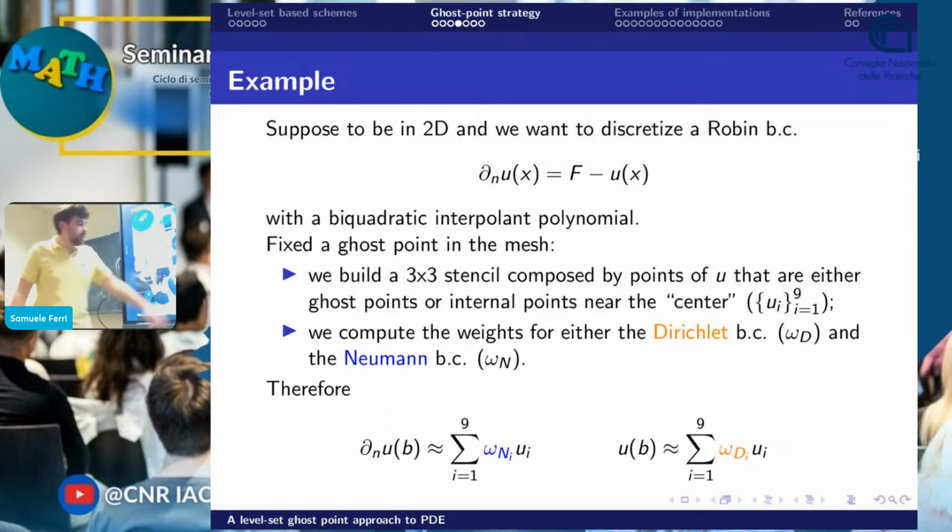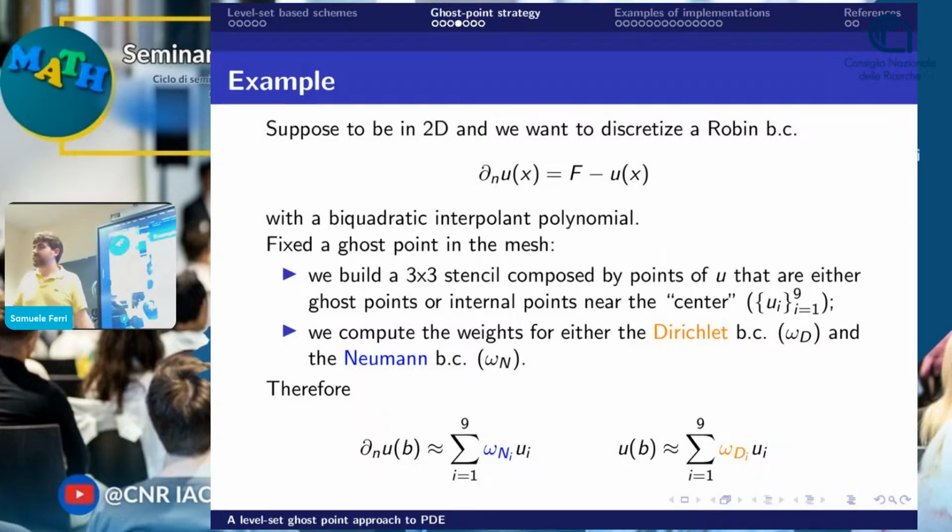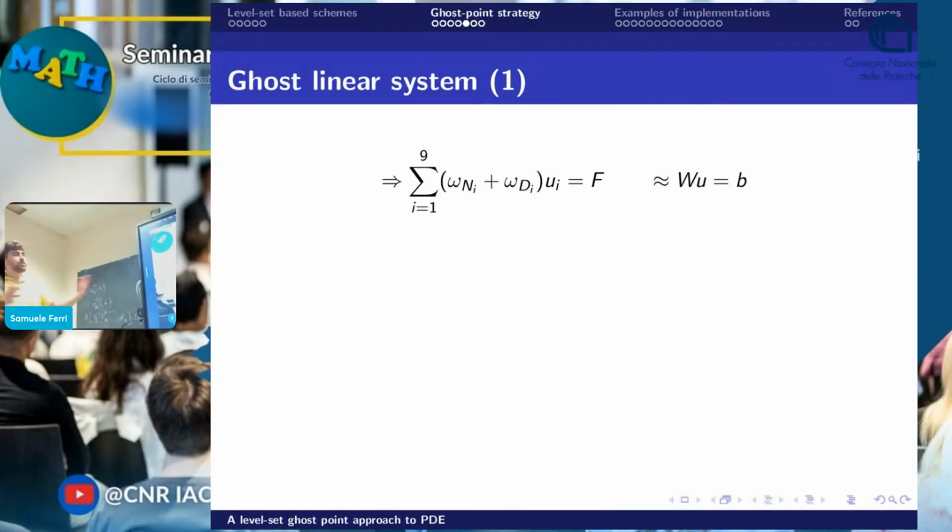Okay? With omega n, we mean that they are the weights for the Neumann boundary condition, and with omega d, the weights for the Dirichlet boundary condition. So we put everything together, and we rearrange the equation, and we have this situation that resembles a linear system.